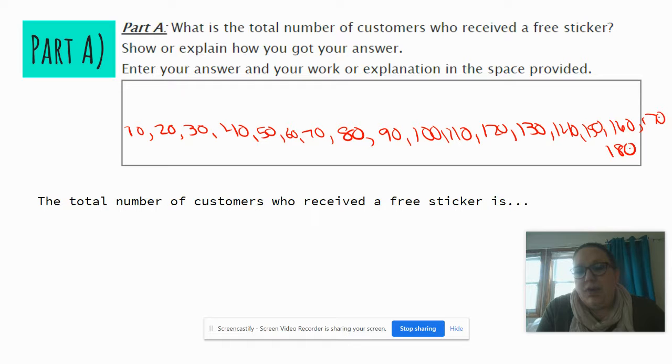So that's 1, 2, 3, 4, 5, 6, 7, 8, 9, 10, 11, 12, 13, 14, 15, 16, 17, 18 people. And I know what you guys are thinking. Yes, we also could have found that out using multiplication because 10 times 18 would be 180. But just to see it more visually, it can also help to list out the numbers. So the total number of customers who received a free sticker is 18.